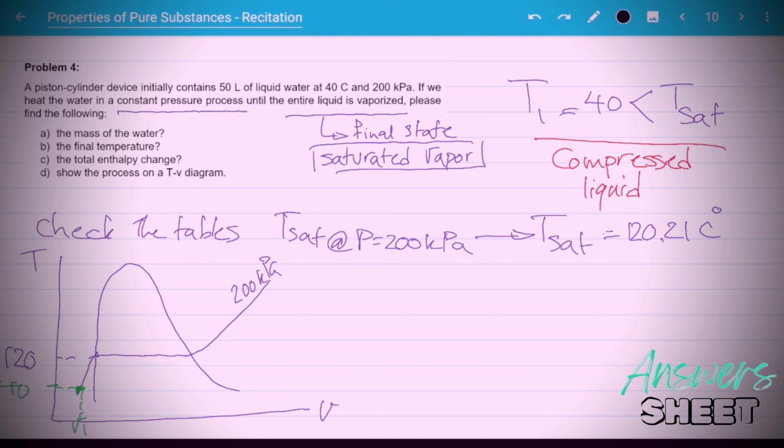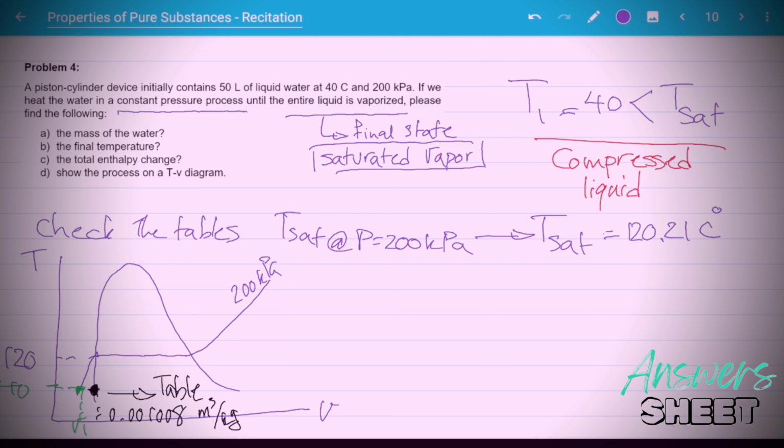So I'm going to assume that the properties of the green point, which is our initial state, are equal to the properties of the black point, which is the saturated liquid at 40 degrees Celsius. Now I'm going to check the tables to find the specific volume here. If we do, we find that the specific volume of the black point is 0.001008 meters cubed per kilogram.